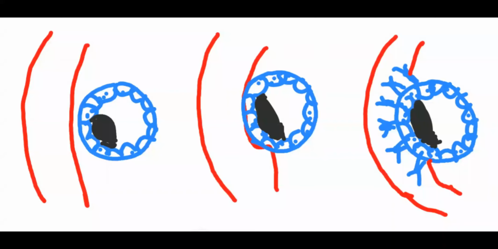You see, at the time when the trophoblast gets implanted into the wall of the uterus, the endometrium part, the trophoblast-covered inner cell mass together is known as the blastocyst. This is called the blastocyst.